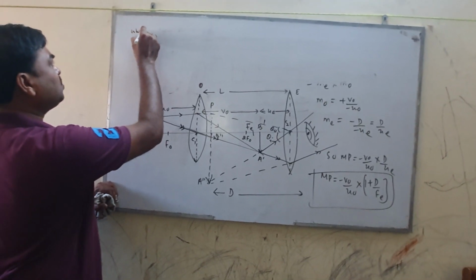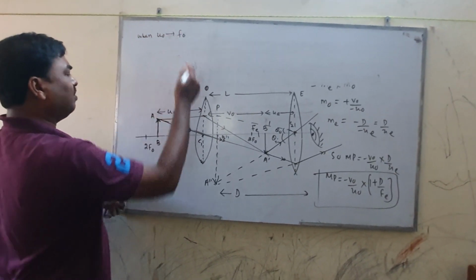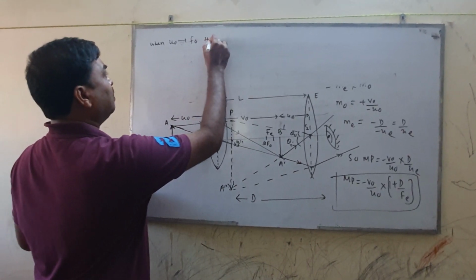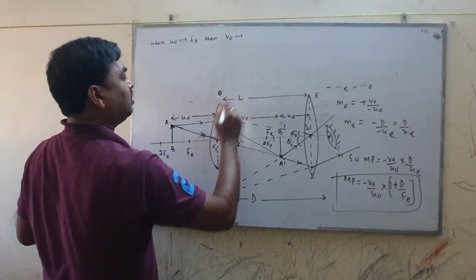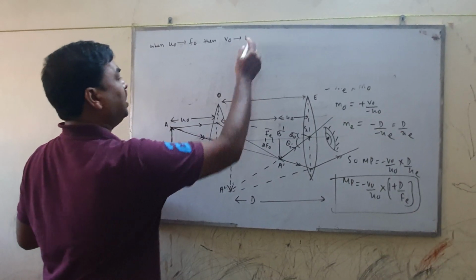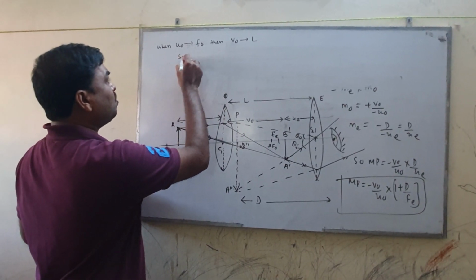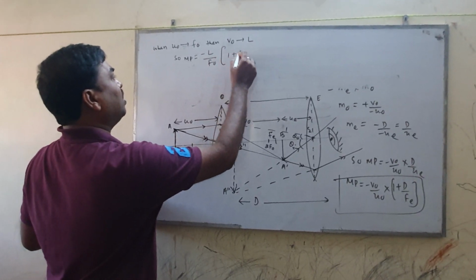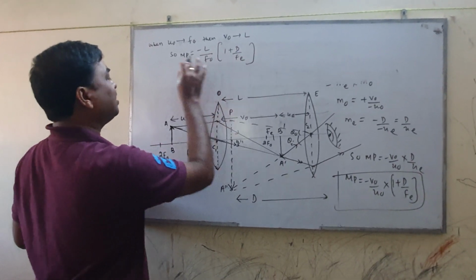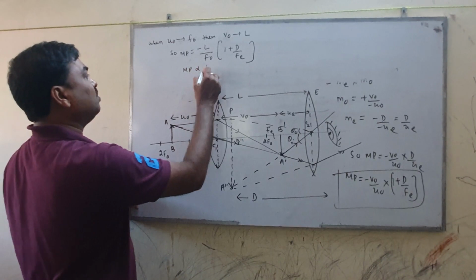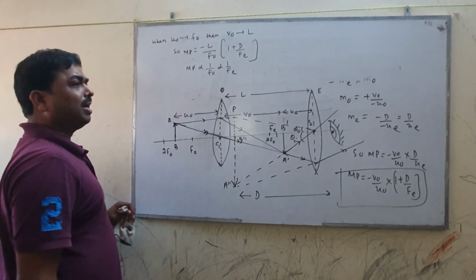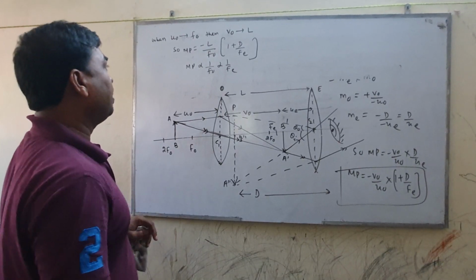When UO tends to FO, the object is close to FO, then VO tends to L, where L is the length of the tube. So the magnifying power is minus L by FO, whole into 1 plus D by FE. Look at this: the magnifying power is inversely proportional to FO and to FE. This is the expression of magnifying power in terms of the length of the tube.